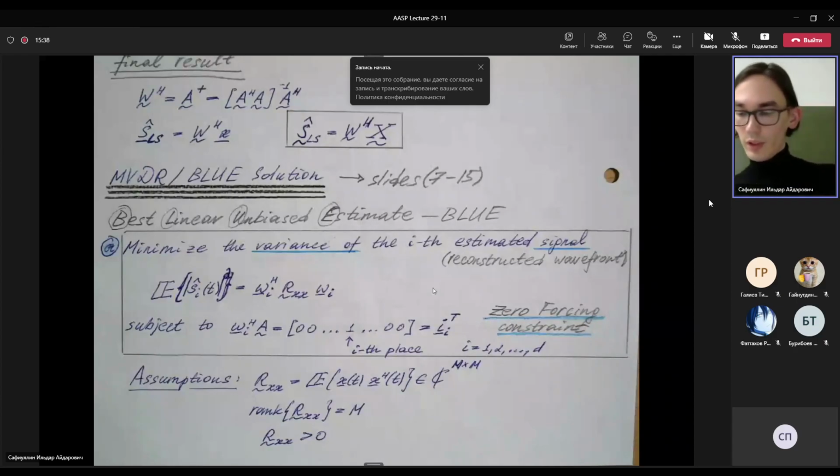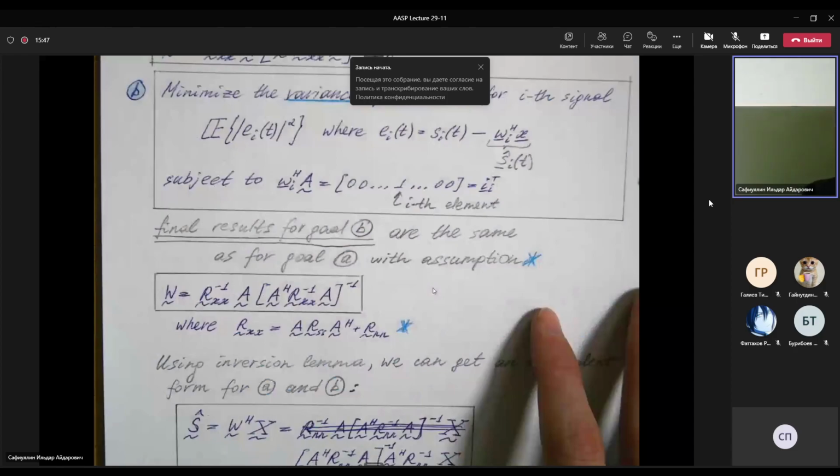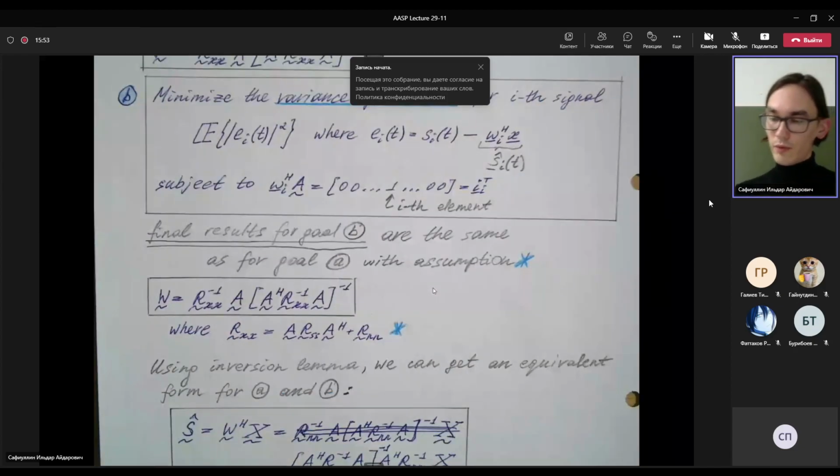Or, on the other hand, we want to minimize the variance of the error for the ith signal with the same constraint, so subject to this zero-forcing constraint.